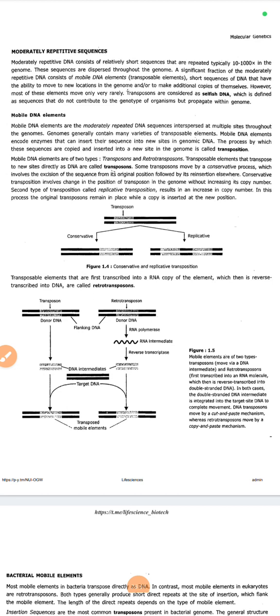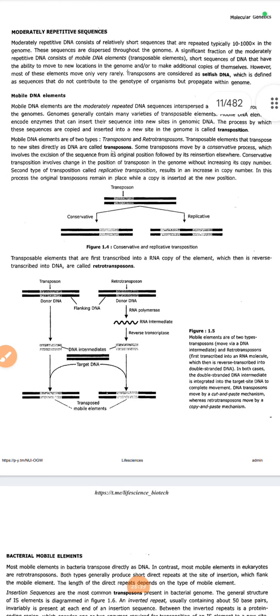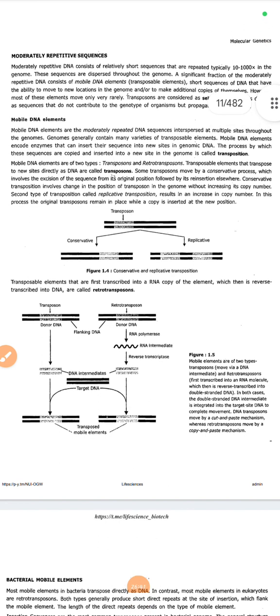There are two kinds of mobile DNA elements, transposons and retrotransposons. Transposable elements that transpose to new sites directly as DNA are called transposons.